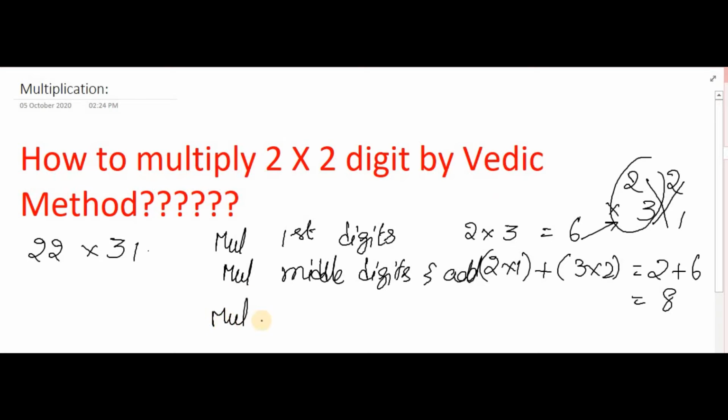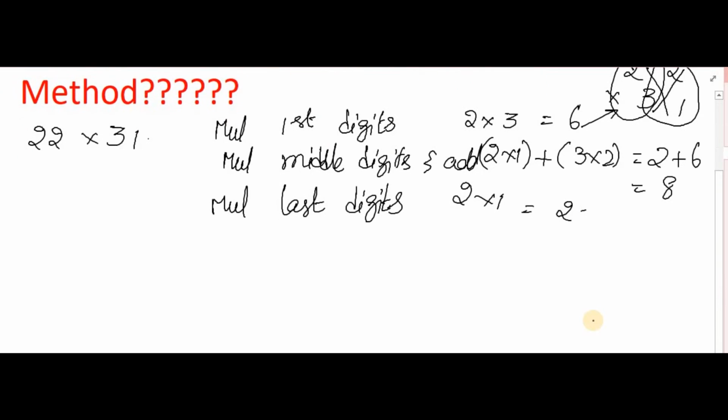And the third step is multiply last digits, means this 2 digits. 2 into 1, that is 2. So the answer for this is 682.